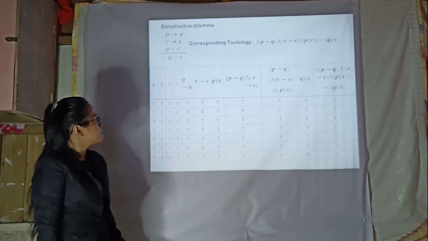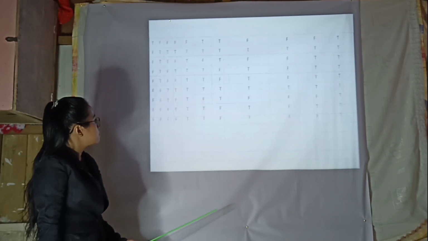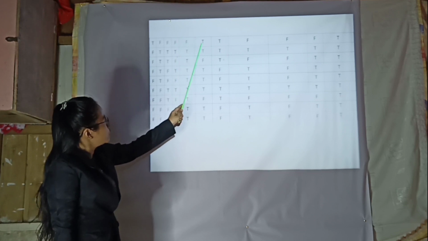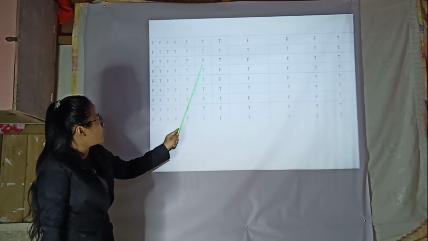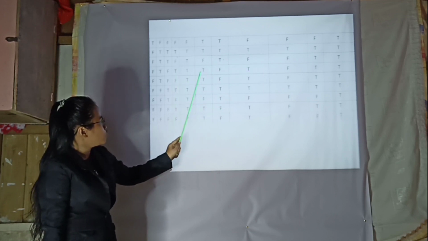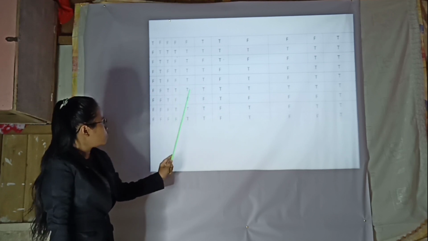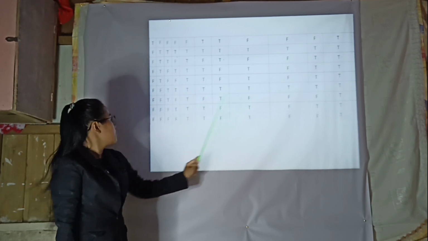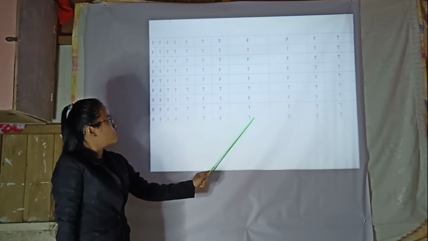Is false. Then false, true is false. True is true. True, false is false. True is true. True is true. True is true. True, false is false. True is true. True is true.